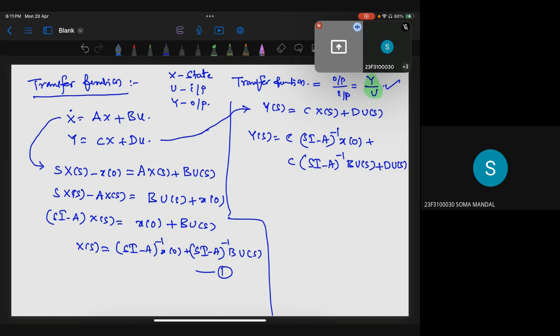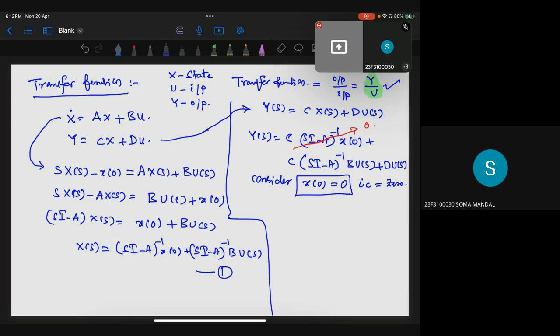So let us consider X(0) is equal to 0. All initial conditions are 0. If all initial conditions are 0, this term goes to 0.